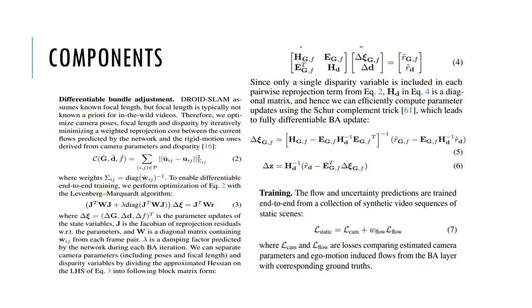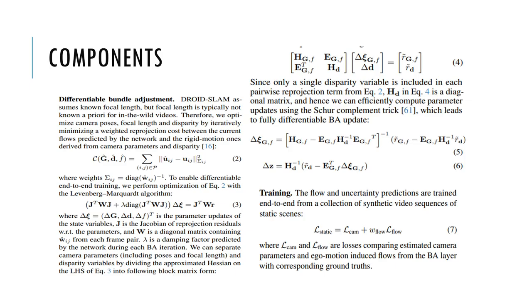This is the rigid motion derived from camera parameters and disparity, which is the second equation, and the summation over ij is weighted by the diagonal of an inverse to enable differentiable end-to-end training. We also use the Levenberg-Marquardt algorithm for optimization, which in this network is iterated. For every BA iteration, the diagonal matrix contains the weights w_ij from each pair.